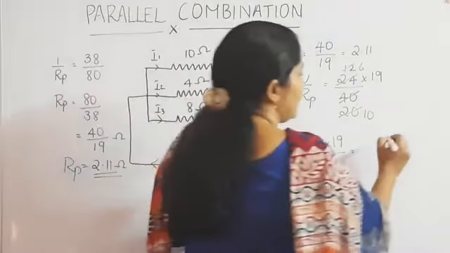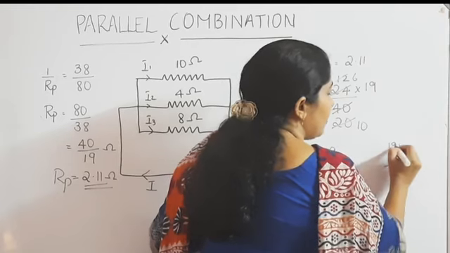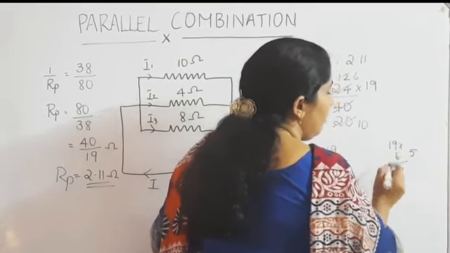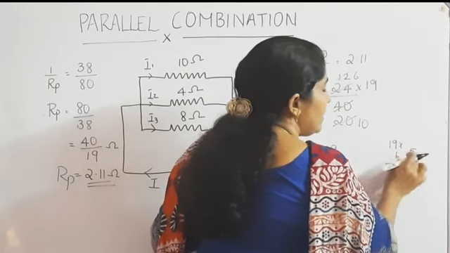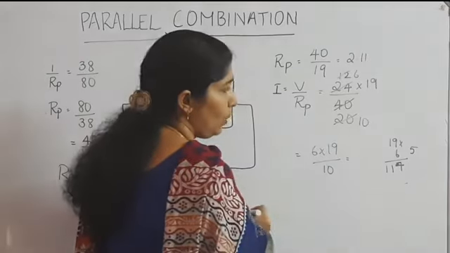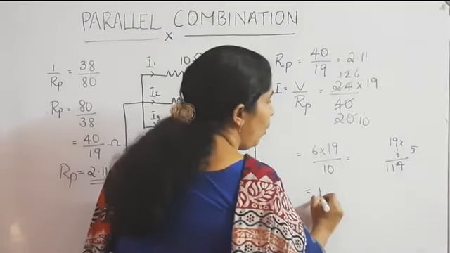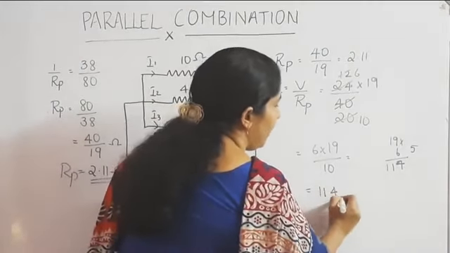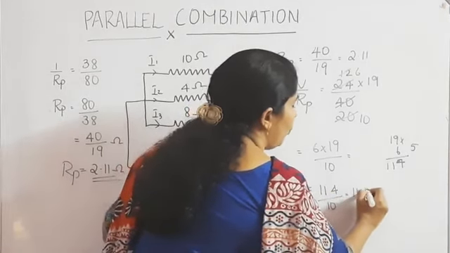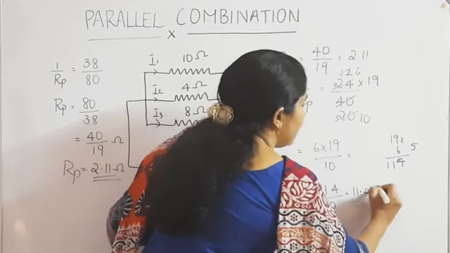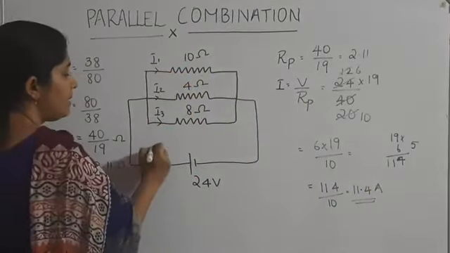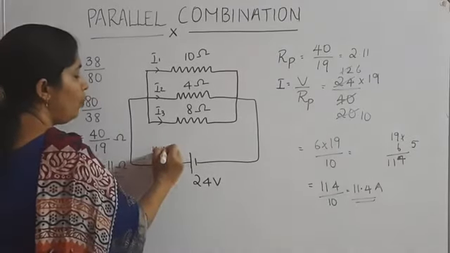That is 114, divided by 10. That's equal to 11.4. That much ampere current is drawn from the cell. That is equal to 11.4 ampere.